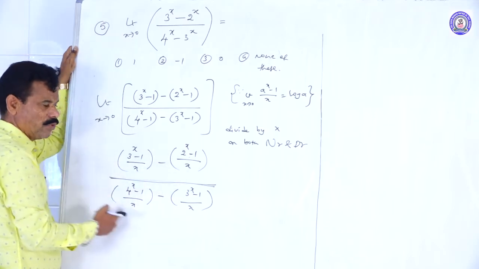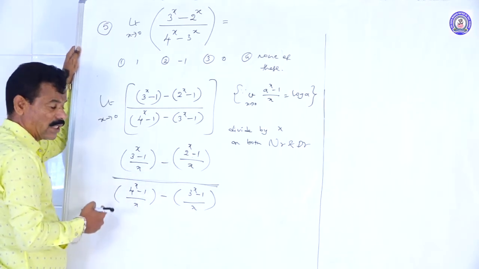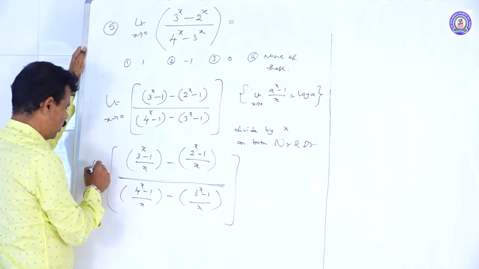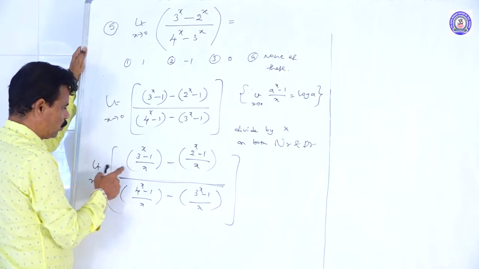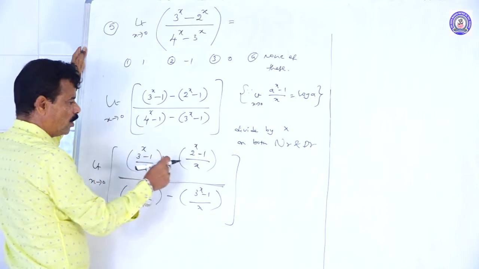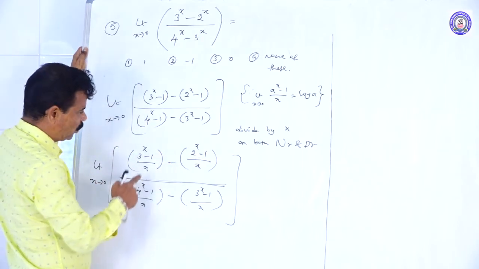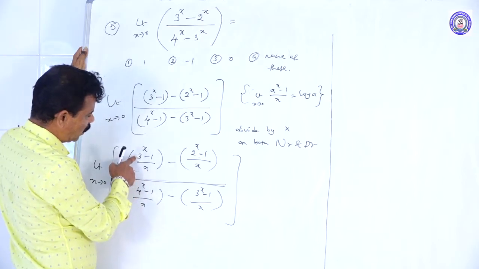So here x LCM, here also x LCM, both get cancelled. For all terms we apply the limit x tends to 0. That's why this is the log a.